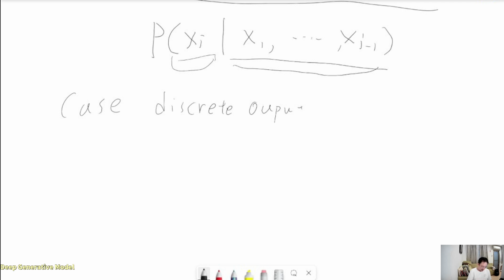The other case is the continuous output, or the output with topology. The major difference is that the discrete output has no structure for different outcomes. However, the regression one, the continuous one, has some structure, which is often the topology of the output.